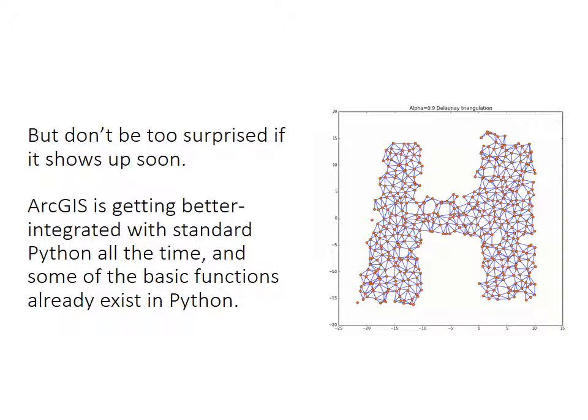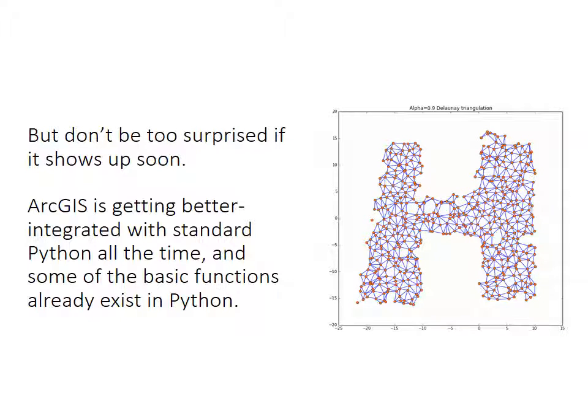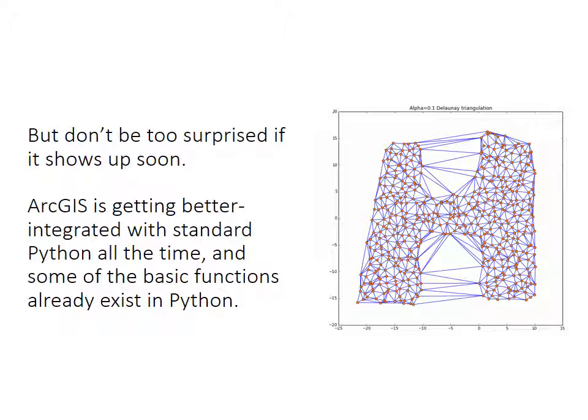But you'll notice that as that parameter gets too high, we start cutting out some things on the interior of the H that we probably wouldn't want to. So picking that parameter can be difficult. Algorithms are okay at this, but there's still a lot of work to be done to do this well, or to do it in a way that is anything like the way a human would do it.